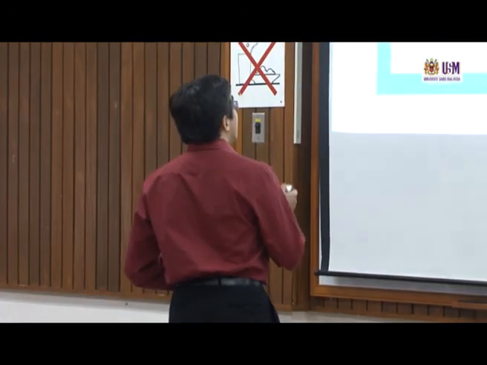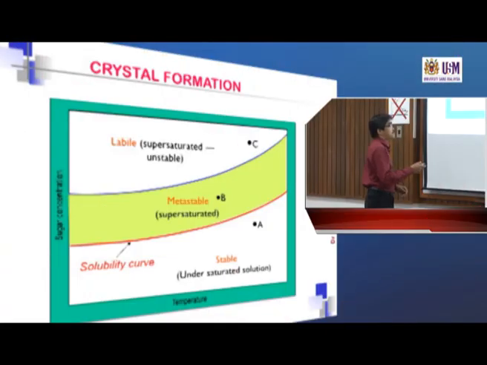Okay, and you can see here we have a solubility curve. So I just repeat very briefly a solubility curve. You can see the solubility is a function of temperature. The higher the temperature, the more solute can solubilize in the solution.